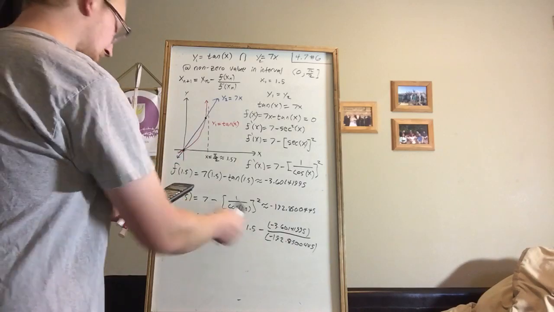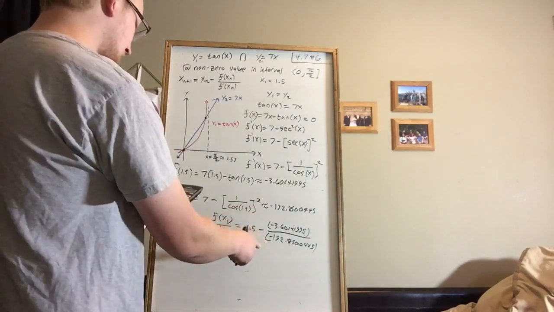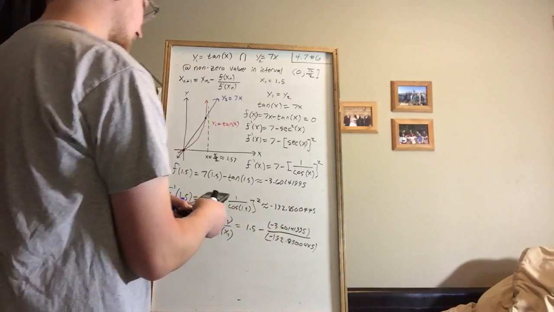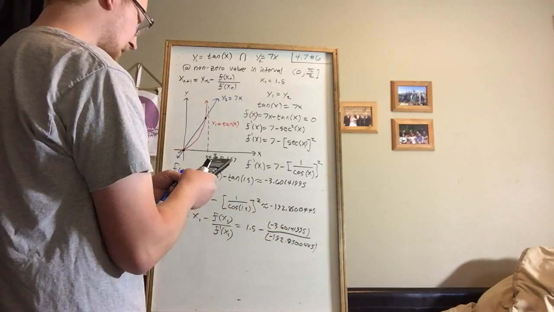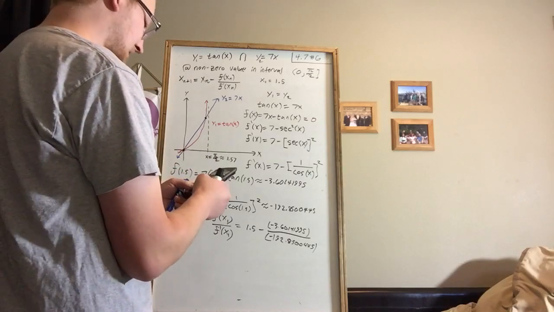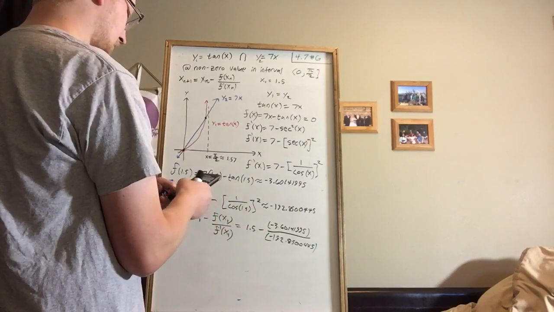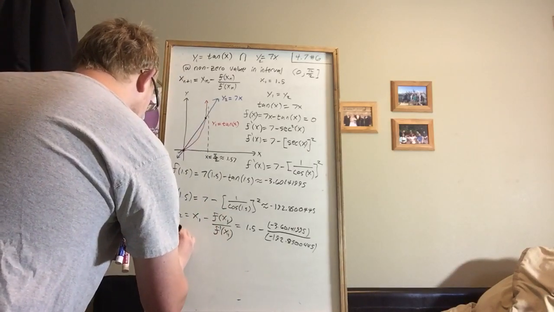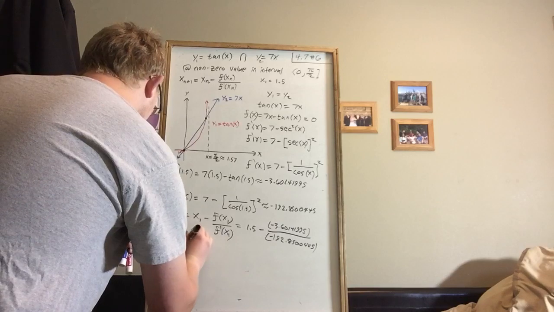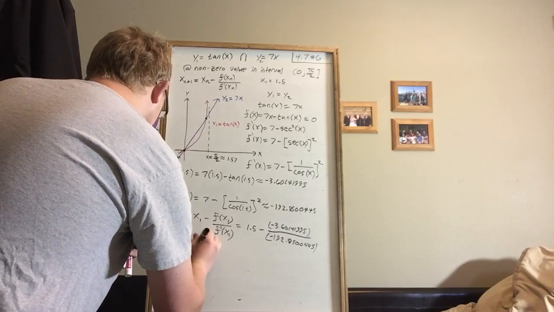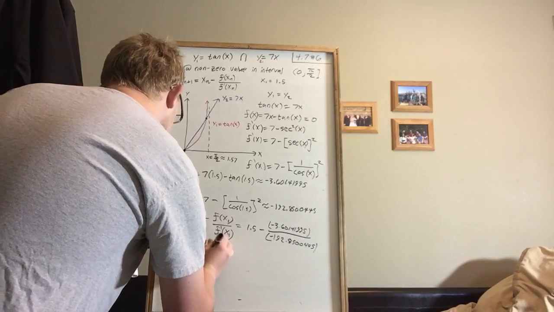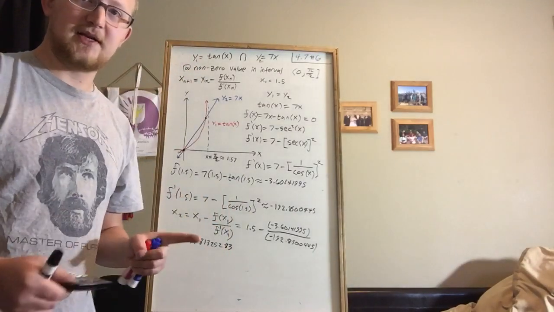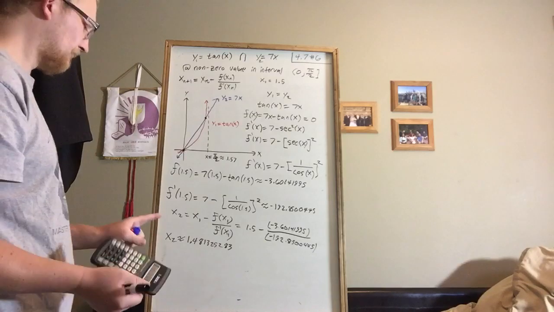What we end up with here is a positive number. We're subtracting a positive number of 0.018674717 from 1.5. And that gives us approximately, so x2 is approximately 1.48132523.